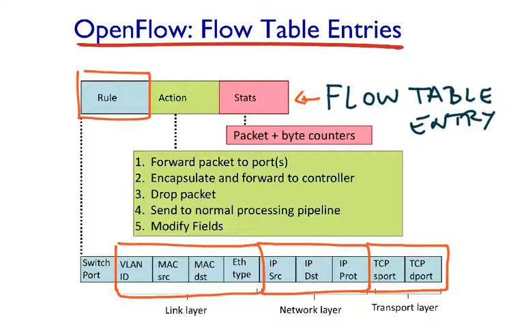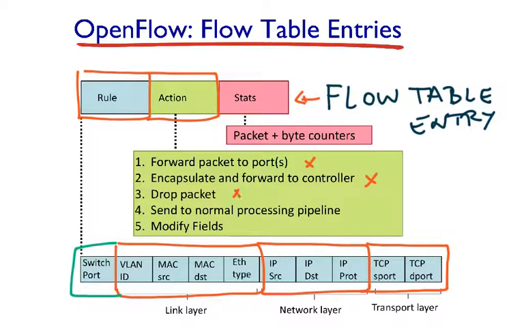You can see that here we have the switch port, the incoming port. So if we receive the packet from a specific port and this is the match, we can do the actions. Which kind of actions? These ones. We can forward the packet to a specific port. This is a normal action. Or send it to the controller: I don't know what to do with this specific packet or match, please help me.